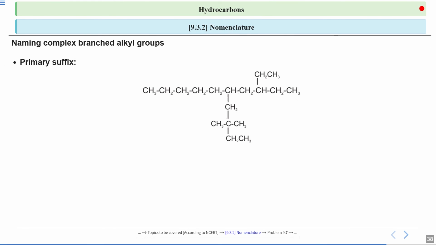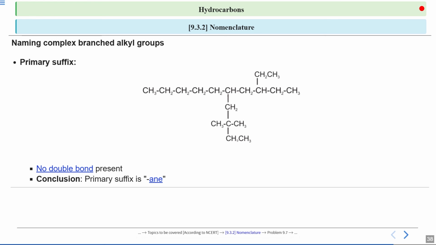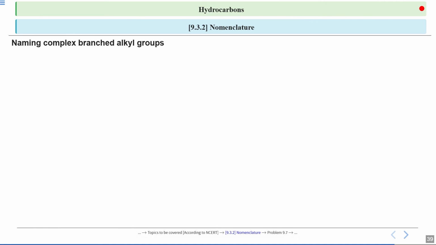Next is the primary suffix. For the primary suffix, we have to look for the double bond. No double bond is present here. Therefore, the primary suffix is ane. After that, what about the numbering? You have to give the substituents the lowest possible set of numbers.